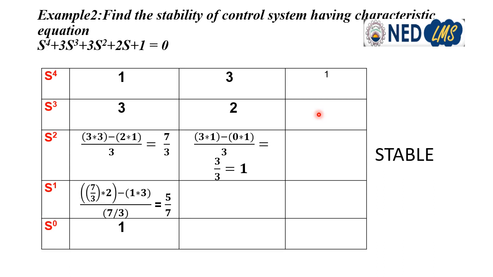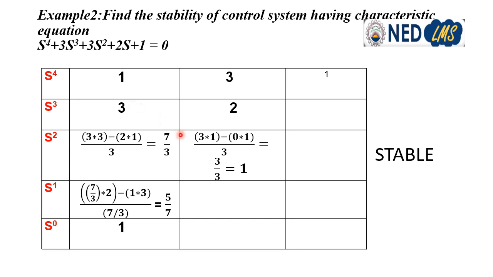Then we have filled the third column by using the formula. So this is 3 multiplied by 3 is 9 minus 2 multiplied by 1, divided by 3. Again we have used the first element, and this is equal to 7 upon 3.